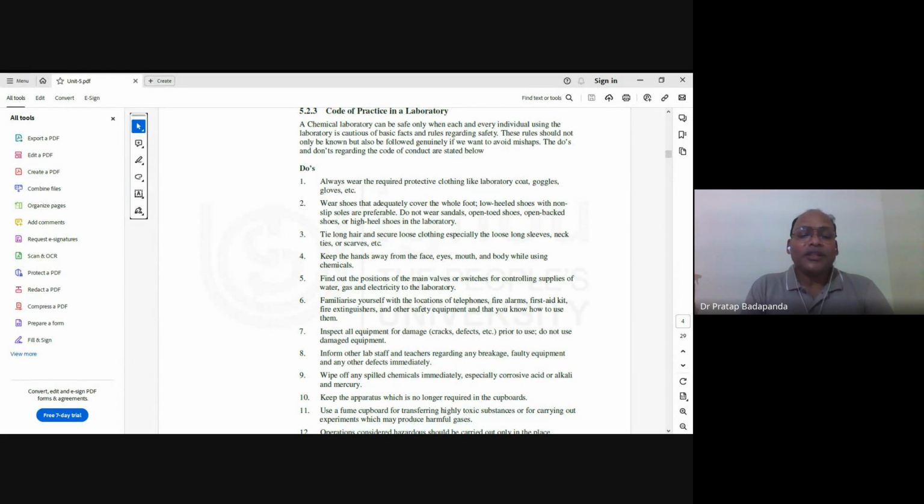Now, find out the position of the main valves or switches for controlling the supplies of water, gas, and electricity in the laboratory. That is your job.